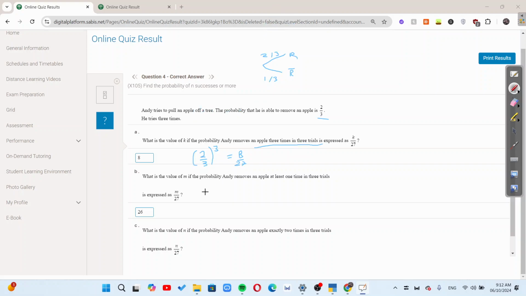Now for B, what's the value of m, the probability that Andy removes the apple at least once in his 3 trials?